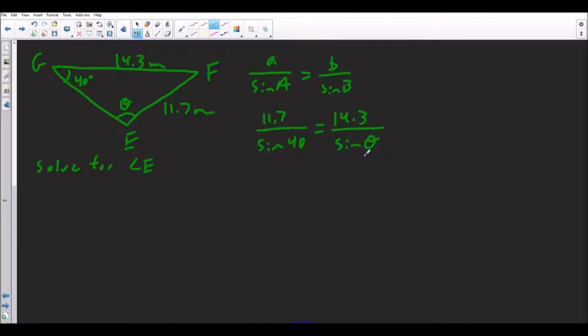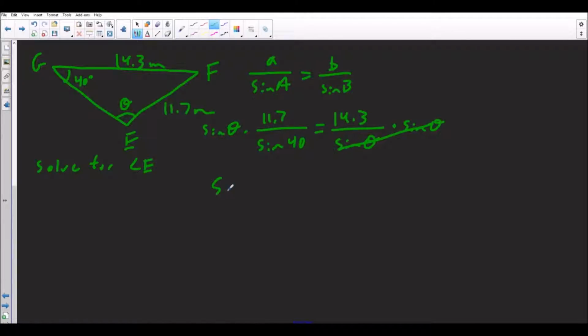Now all we need to do is get theta by itself. There's a few ways we can do this. You can just do this yourself with algebra, but I'll show you how I would go about doing it. The first thing I'm going to do is get theta off of the bottom. So I'm going to multiply by sine theta, which cancels that out. Then what I have is sine theta times 11.7 over sine 40 is equal to 14.3.